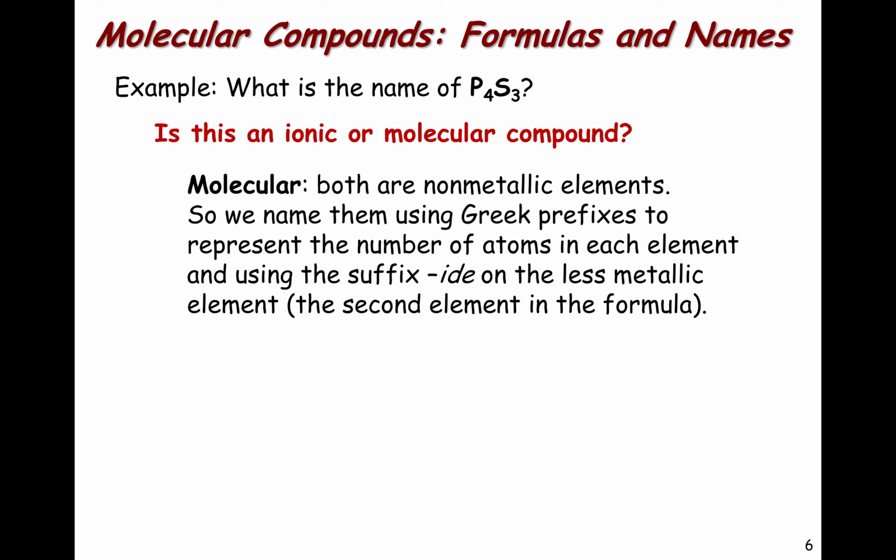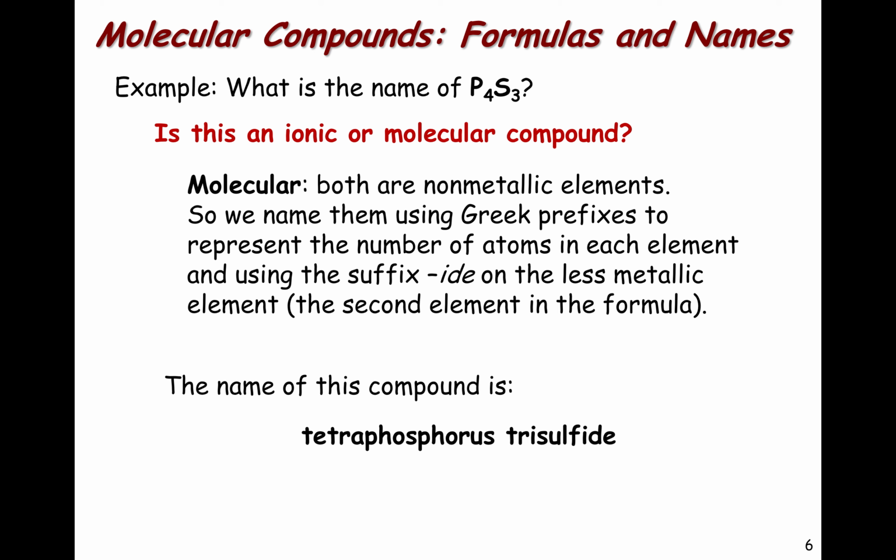So again, we're going to name the first element, and we're going to indicate how many atoms of that first element there are, and then we'll name the second element with the ending of "ide," but then also a prefix to indicate the number of the second element that is present. So in this case, the name is tetraphosphorus trisulfide. Again, the prefix tetra means that there are 4 phosphoruses, and the prefix tri tells us that there are 3 sulfurs, and of course we end it with the suffix "ide" for the sulfur.